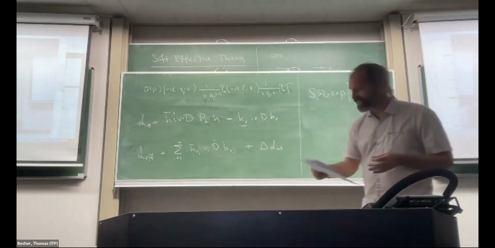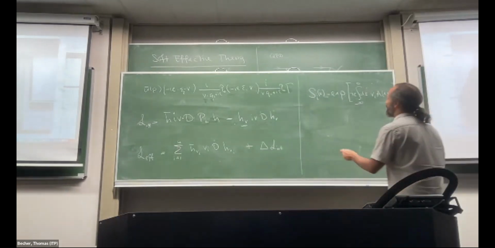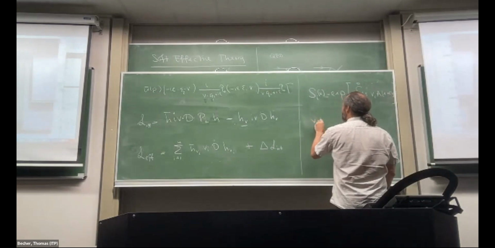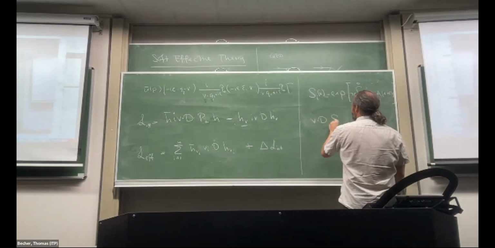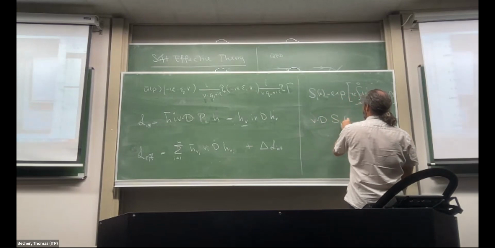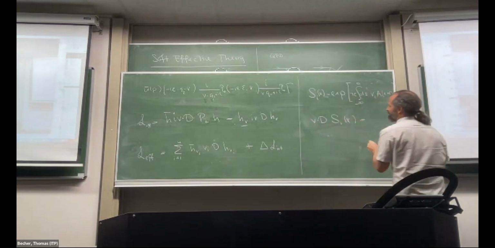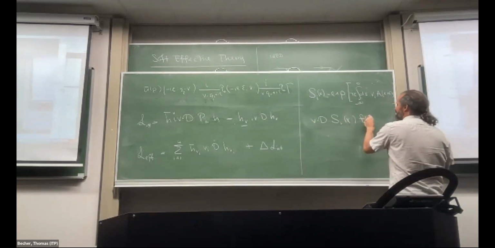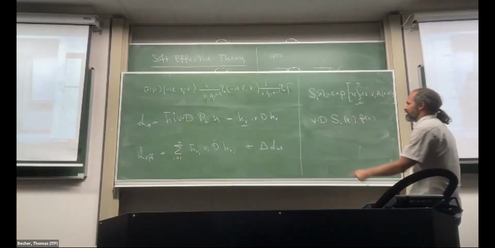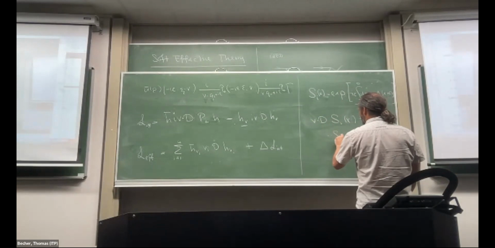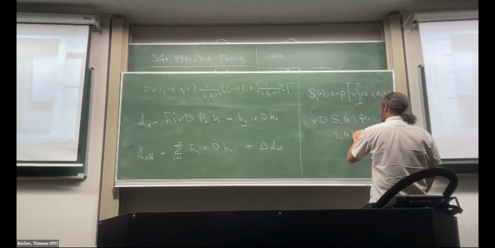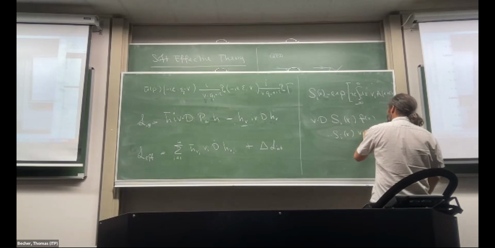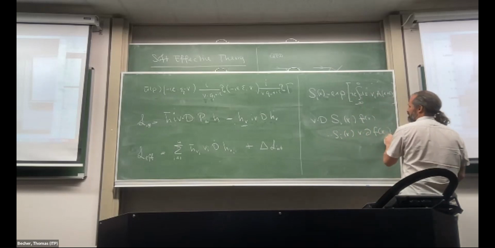The reason that I like this Wilson line is that it fulfills a nice equation. If you have v dot D acting on this Wilson line S_i of x, then you get 0. Or if you have some other function sitting here, then you get S_i of x times the v dot regular derivative of this function.